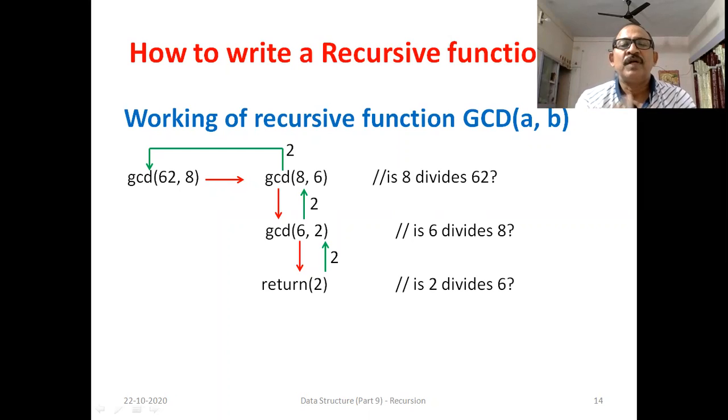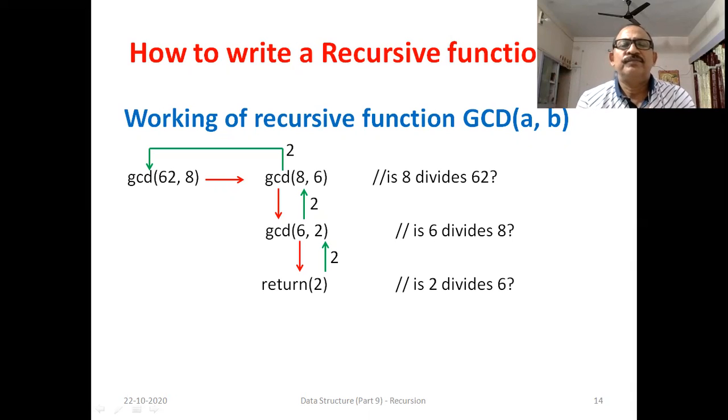Now, when this function is called, again we check: does 6 divide 8? The answer is no. The control goes to the recursive part, and again the system calls the function (B, A mod B), that is 6 comma 2. The system calls GCD(6, 2).